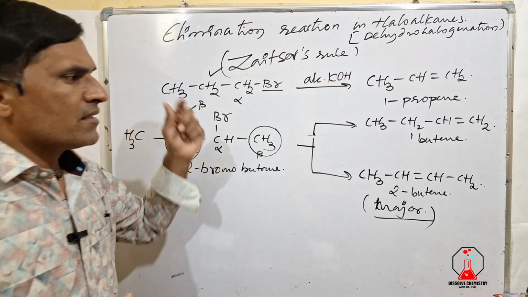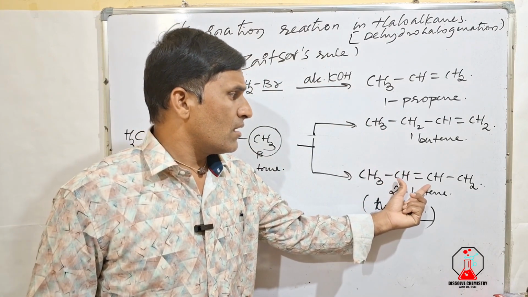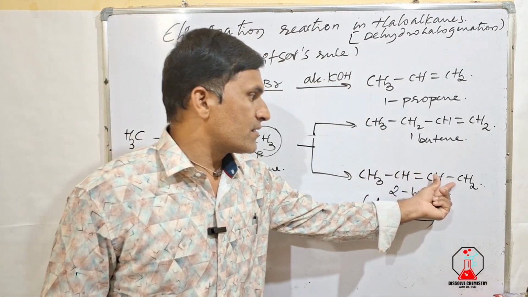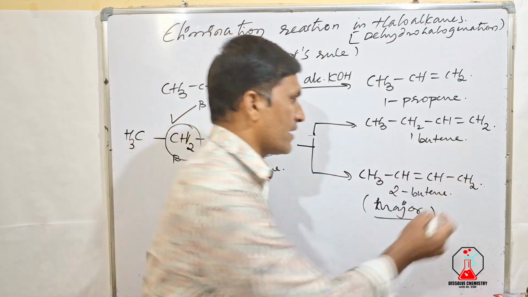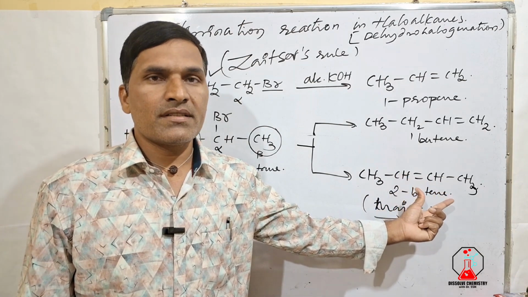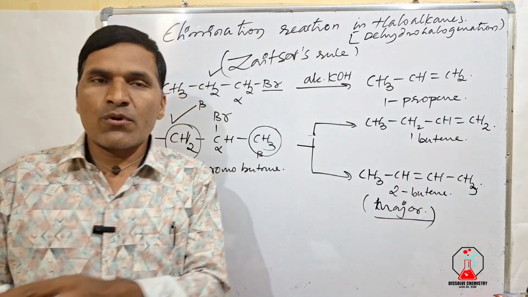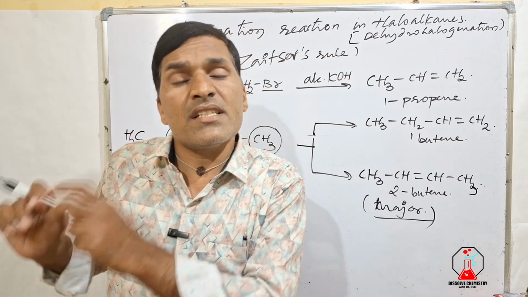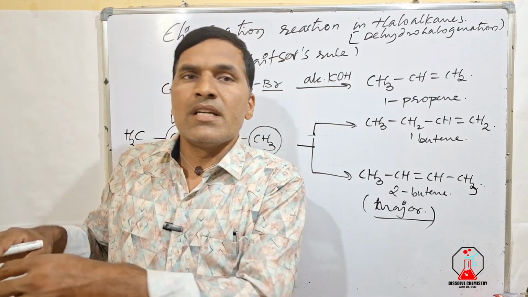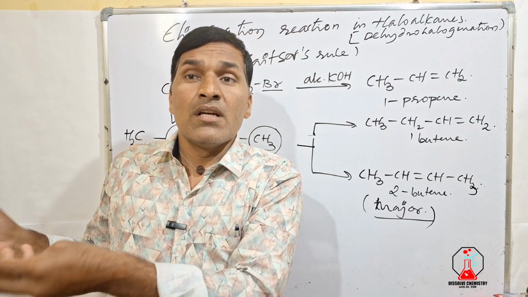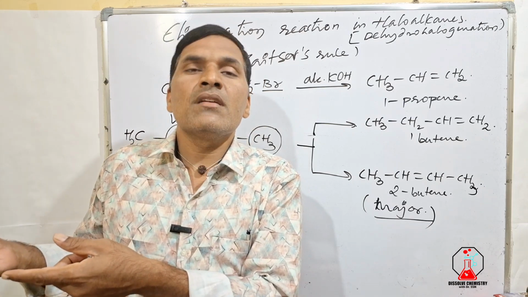The reason is that the resulting alkene is more stable because it has alkyl groups on both sides. So if the proton is abstracted from the beta carbon with the least number of hydrogen atoms, meaning it is substituted with other carbon atoms instead of hydrogen, the resulting alkene will be more stable.